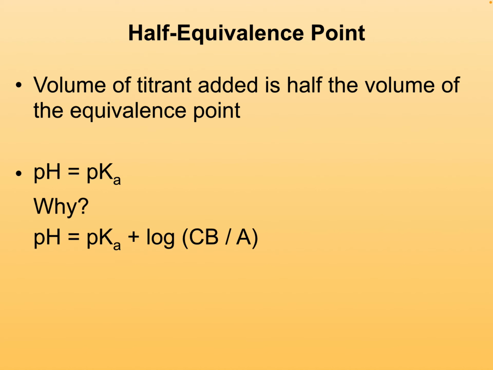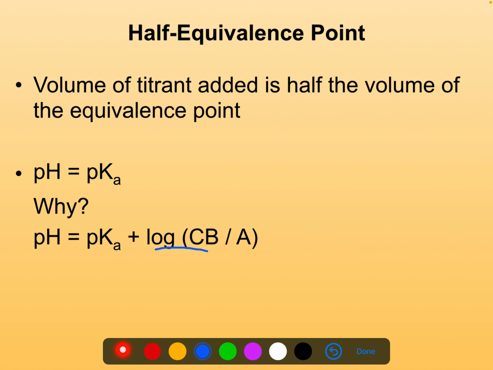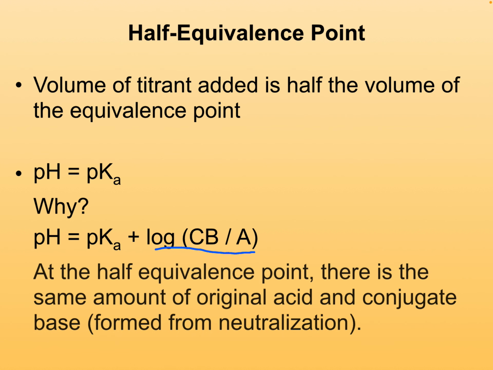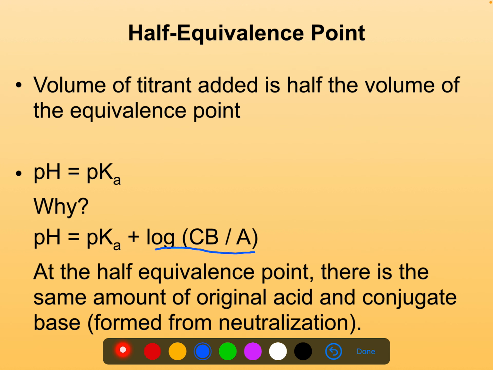And this yet again is because our ratio of our base to our acid at the half equivalence point, we would have the same amount of acid and base. So this would yet again end up being the log of 1, which would end up being 0. So at that half equivalence point, the moles of acid and conjugate base are equal.